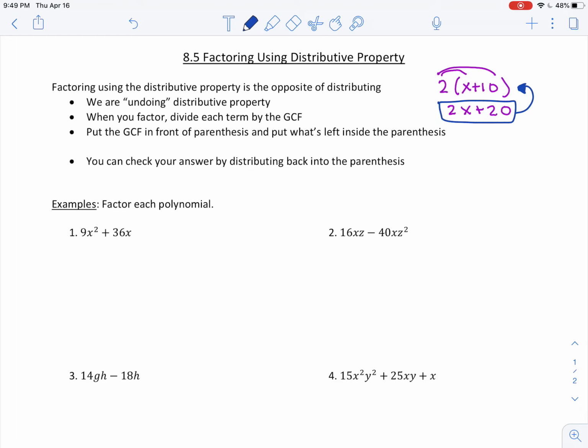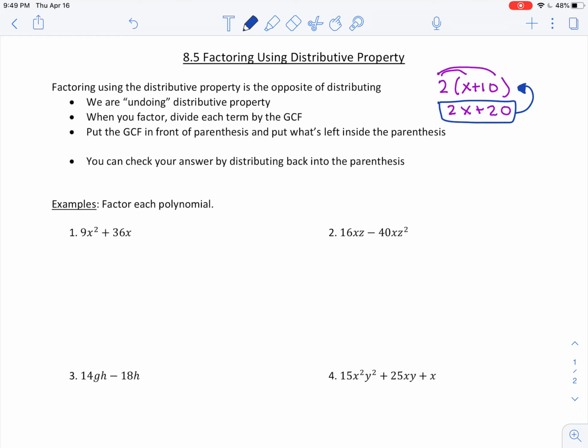When we factor using the distributive property, we're going to factor out or divide out the GCF from each of our terms, and we're going to put what's left over inside of parentheses. We can always check our answers by distributing back into the parentheses and making sure we get back to the original problem.